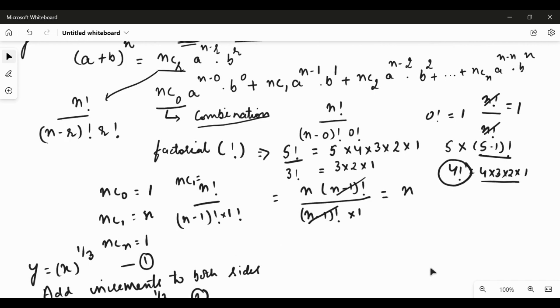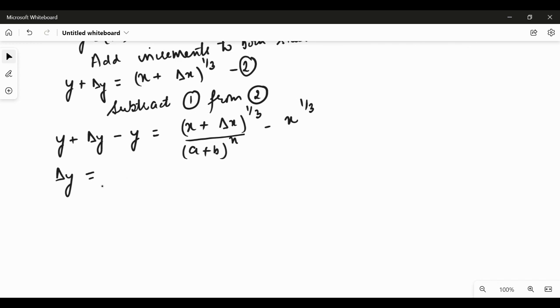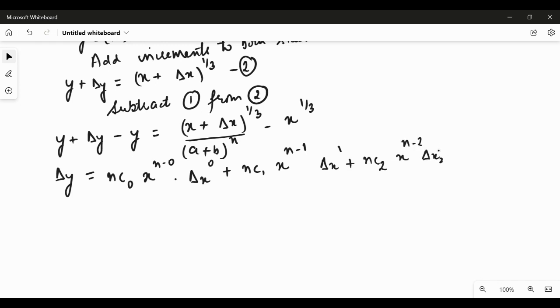If you go through this formula, we start from nC0 a^n b^0. So I will write in the same way, nC0 in order to simplify the calculations, x^(n−0) Δx^0 + nC1 x^(n−1) Δx^1 + nC2 x^(n−2) Δx^2 + ... + nCn x^(n−n) Δx^n, and minus x^(1/3). This one.